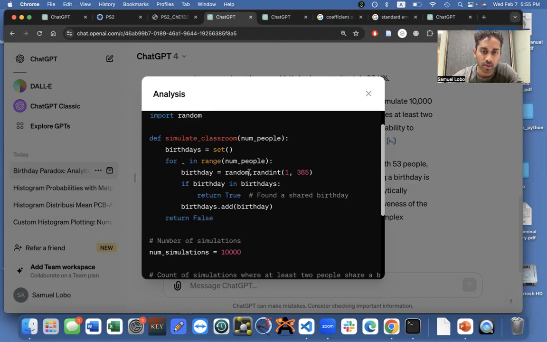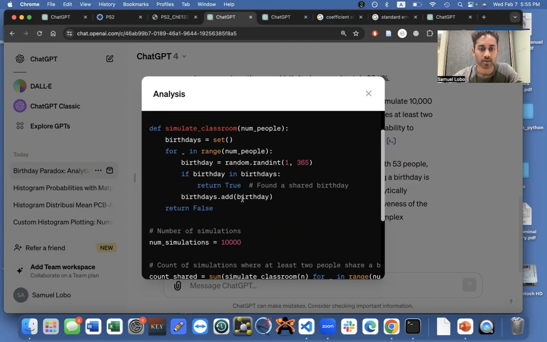For each person, it's picking a random integer between 1 and 365. If the birthday is within that set, then it returns true, which means it found a shared birthday. If it doesn't, then it returns false. So this is how you simulate a classroom with this function.